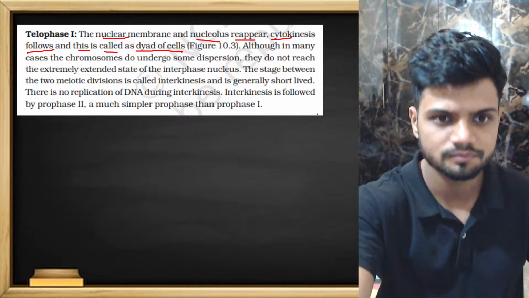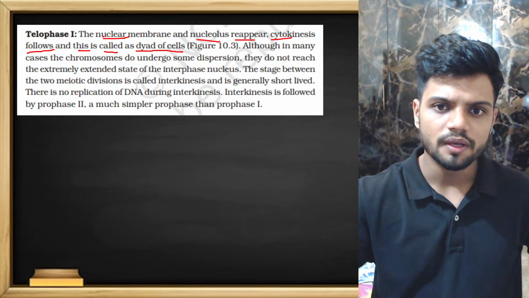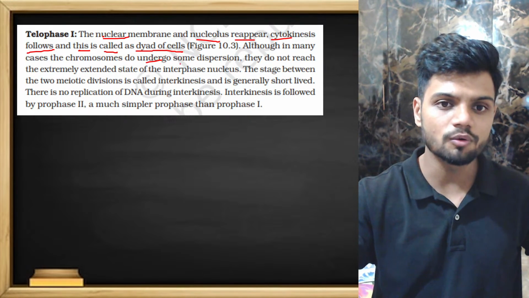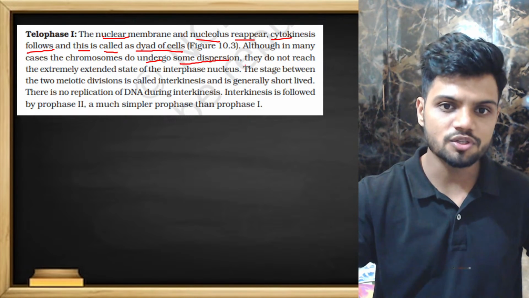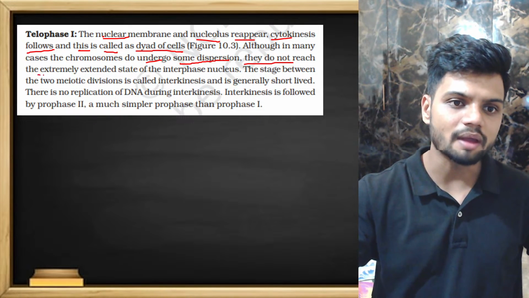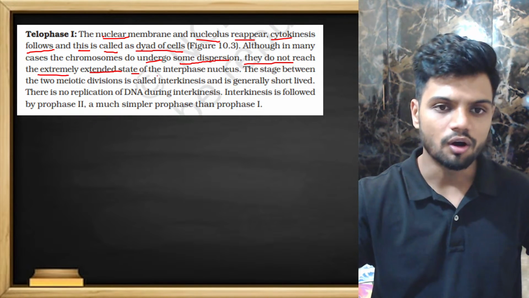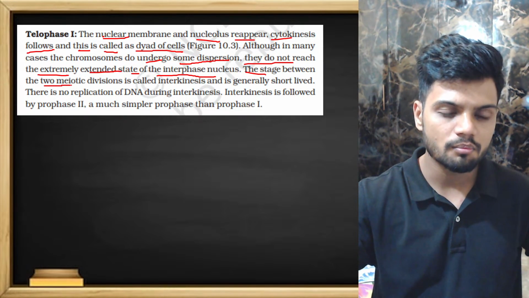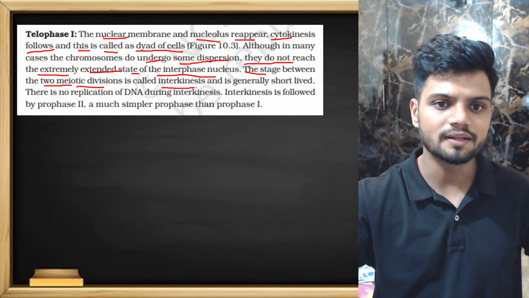Although in many cases chromosomes do undergo some decondensation, they do not reach the extremes of the interphase nucleus state. The stage between the two meiotic divisions, meiosis 1 and meiosis 2, is called interkinesis.